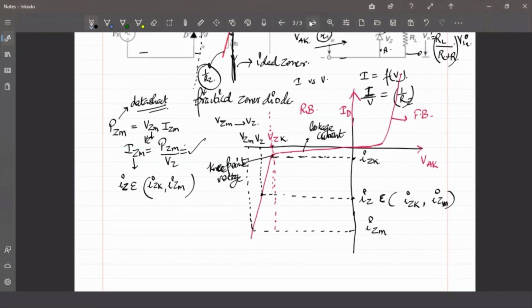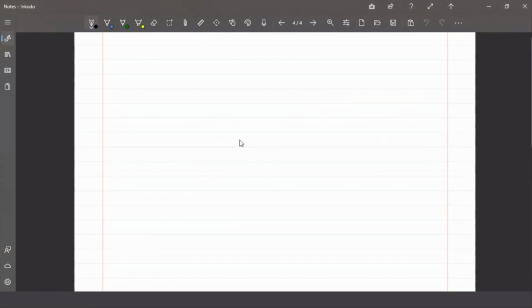Now let us go to the next page and discuss the operation or use of the Zener diode as a voltage regulator. What will be the simplest voltage regulator, or what is the meaning of the term voltage regulator?